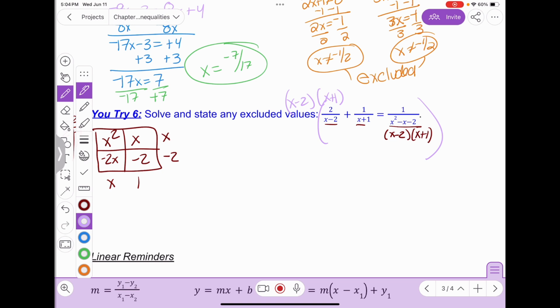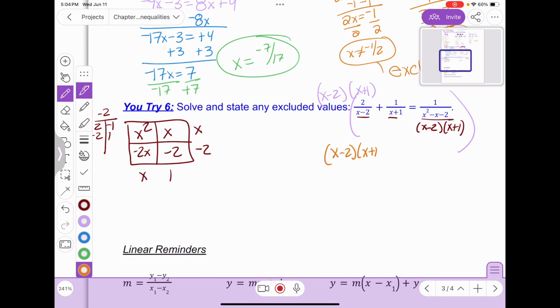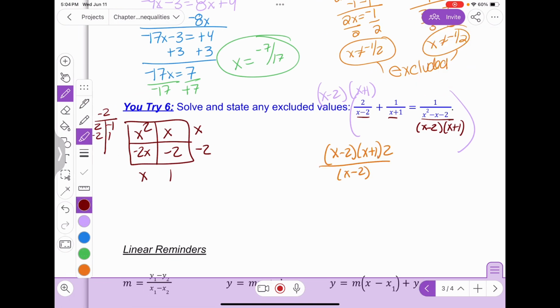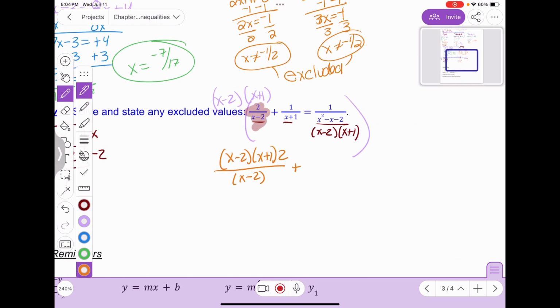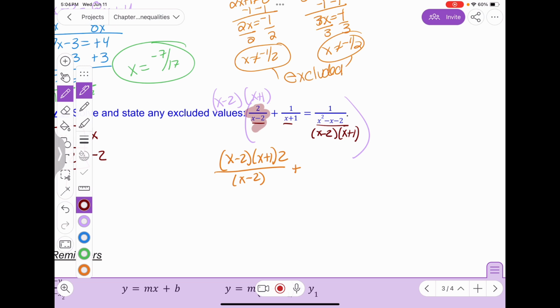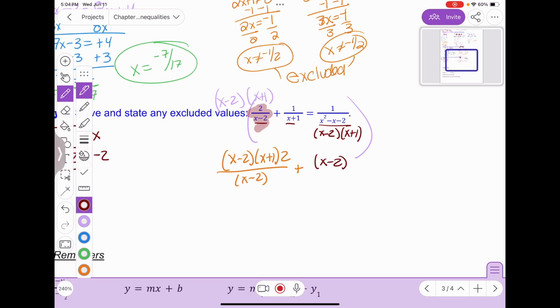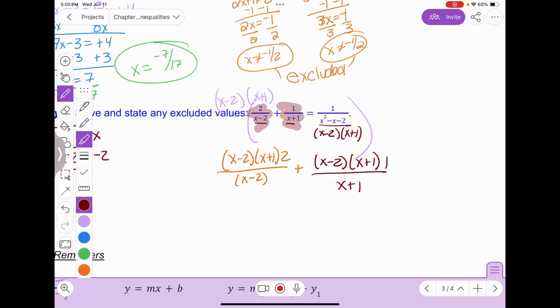So if we multiply here, we get x minus 2, x plus 1, 2, and the bottom is x minus 2. Now that fraction's done. Put a plus. Then for the next one, we get x minus 2, x plus 1, 1 over x plus 1. That fraction's done.